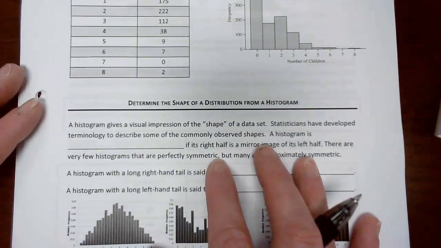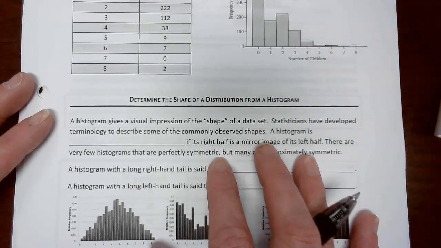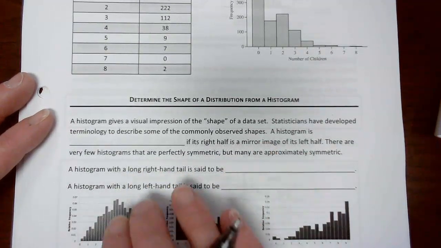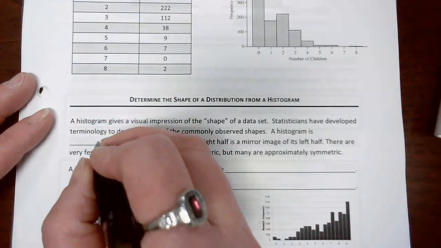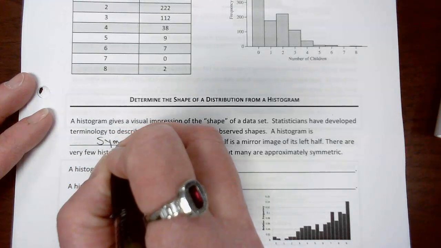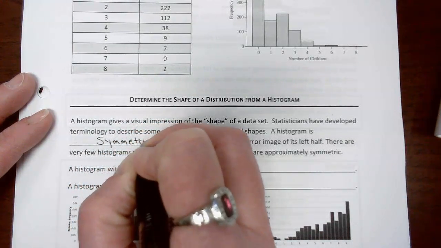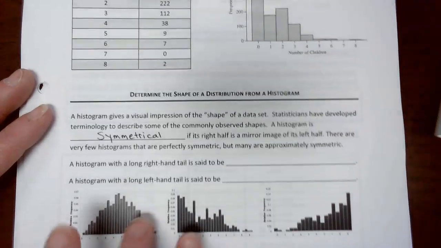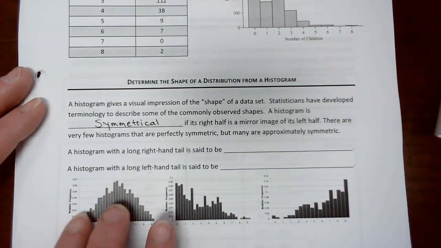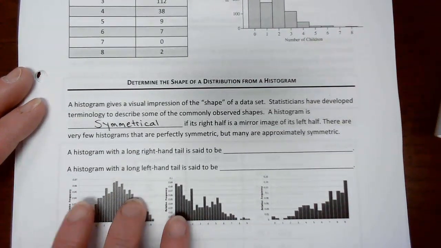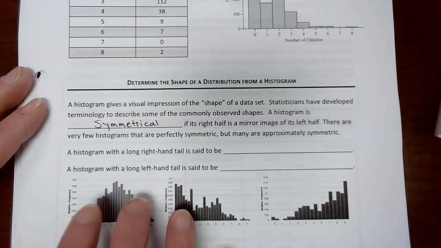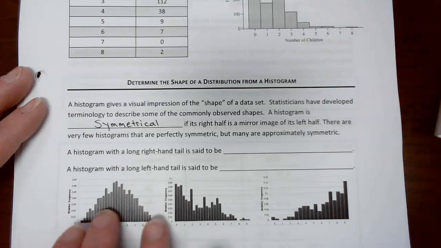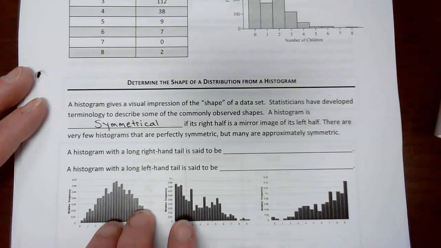The next thing we'll talk about is the shape of a distribution. So from our histograms, we can get the shape of the data. A histogram is considered symmetrical if you split it down the center and have basically mirror images from the right and left. Hardly any of them are going to be perfect, but this one kind of is symmetrical.